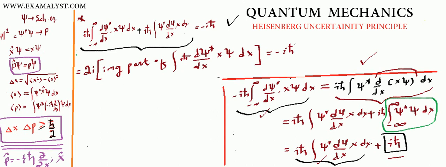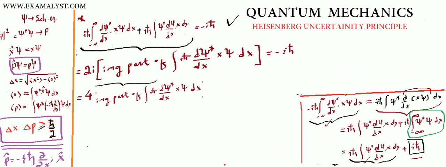So now what do you do? Now we can just simplify this a bit. To simplify it, just square both sides. So if you square both sides, what will you get? You'll get a 4 multiplied with the mod of the imaginary part of this integral.